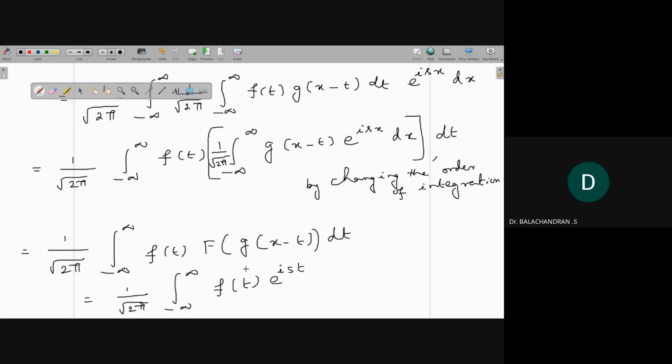Here I have small g, that's why I'll use g of s instead of capital F of s, into dt, by using the shifting theorem.